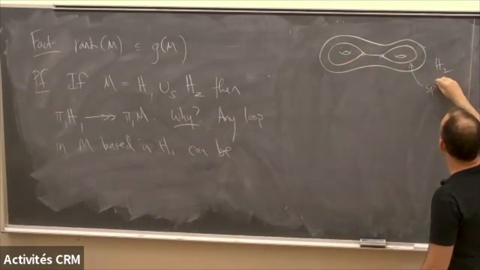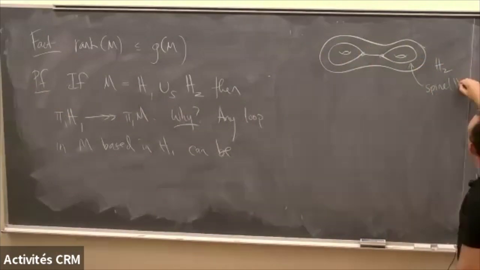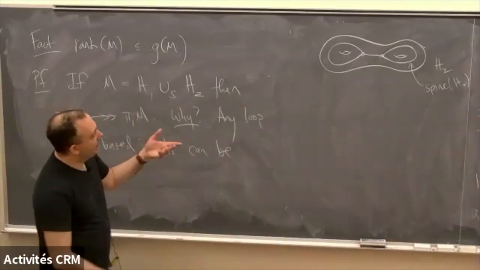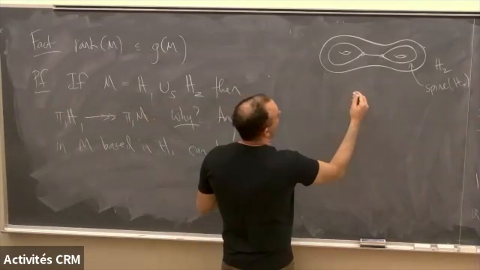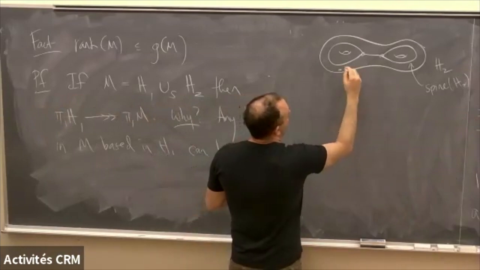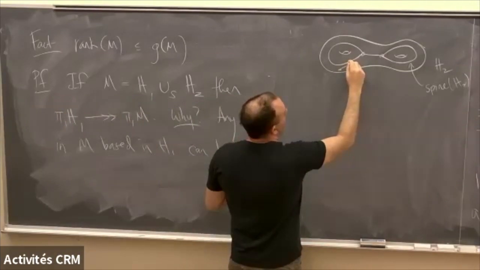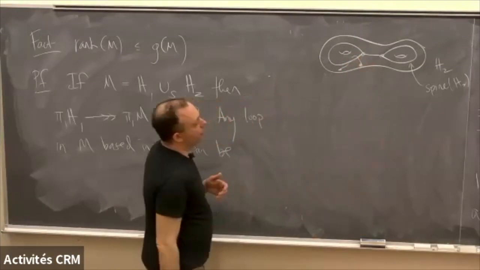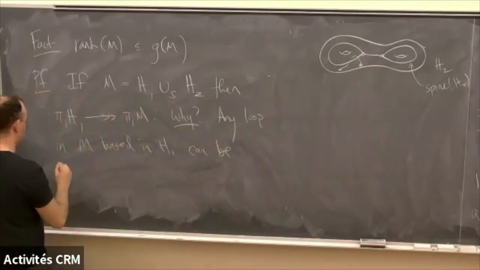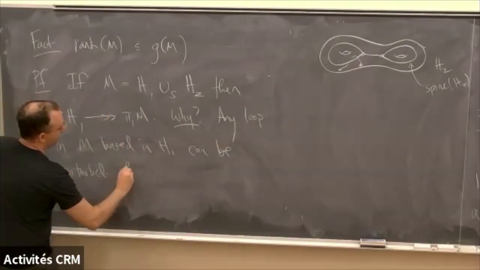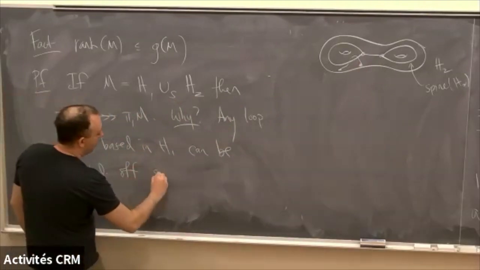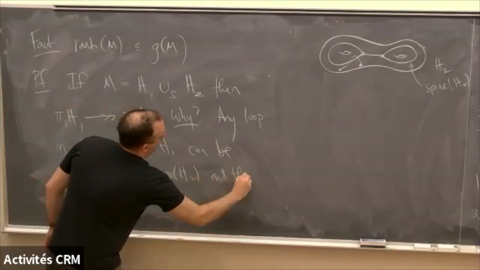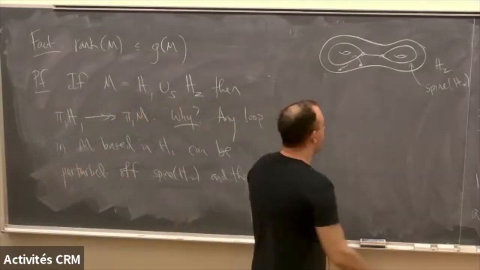Let's call this the spine of H2. If I have a loop based in H1, then maybe it has some parts that go into H2, and you can perturb it off the spine of H2, and then homotope it back into H1.